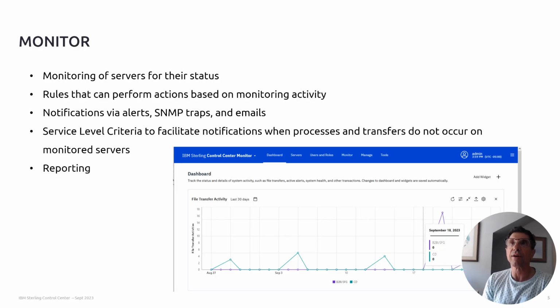You'd set up an SLC that says process XYZZY needs to run at 5 o'clock in the morning on Fridays, and put that into place, and then if that process doesn't run, an SLC event is generated, and you can have a rule to watch for it, and then you can be notified.